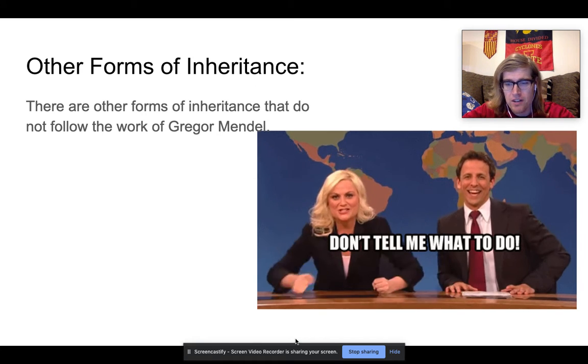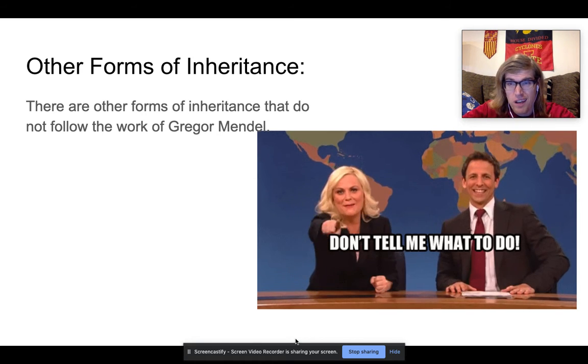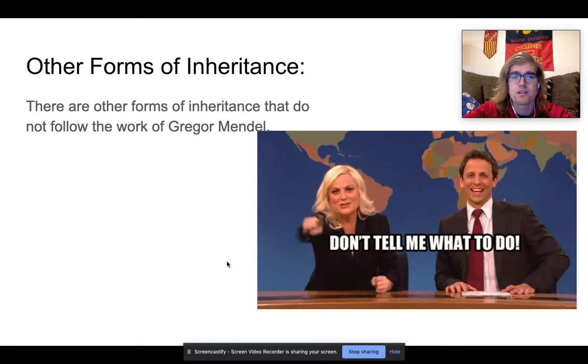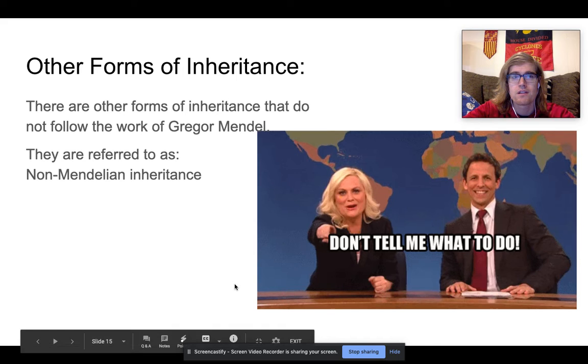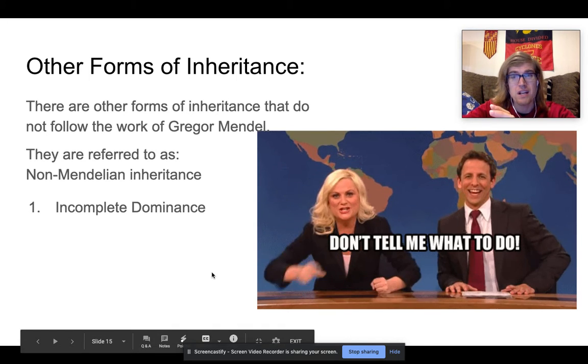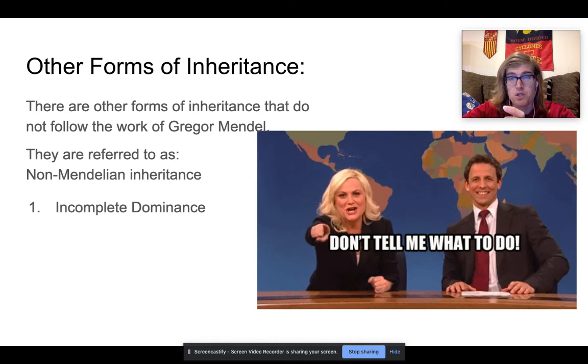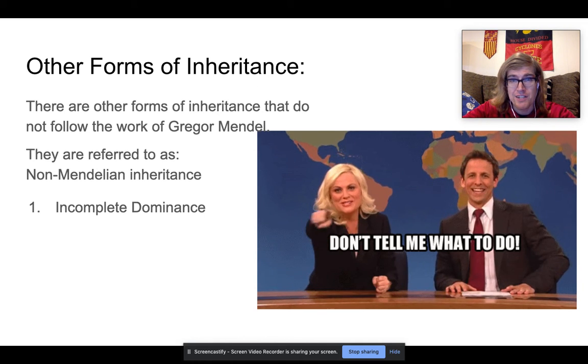When they mixed them together, their red and white flowers came up as pink, and we call that incomplete dominance, right? Incomplete dominance is a mixture when you mix the two traits together.